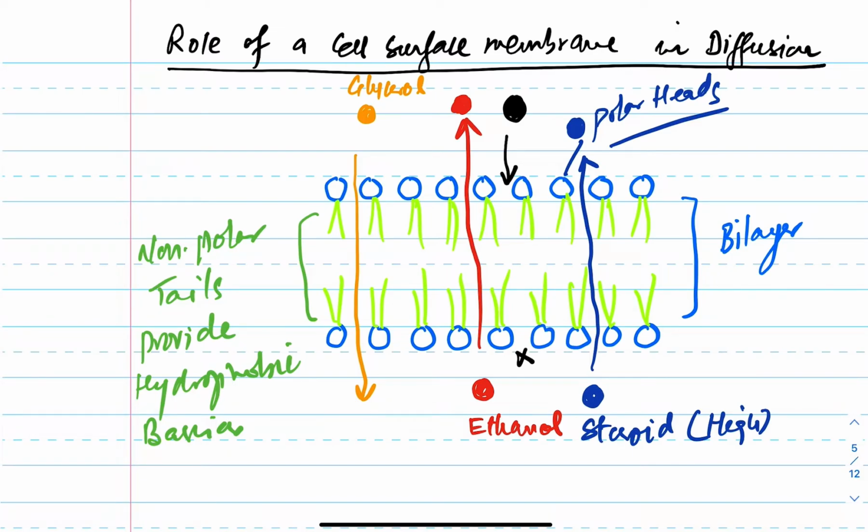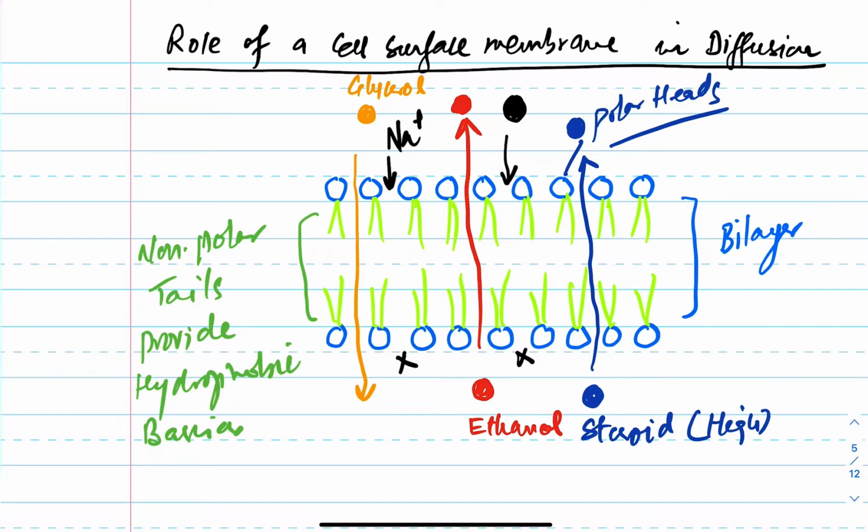Even sodium ions cannot move through this from high concentration to low concentration, so they do not move through the phospholipid bilayer.